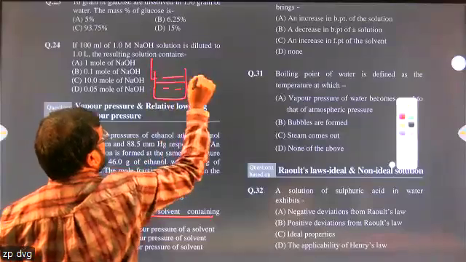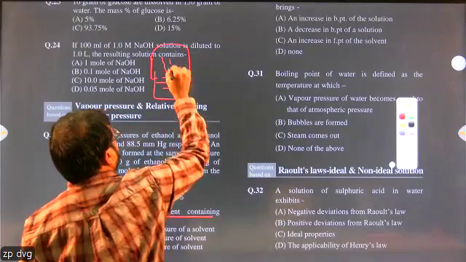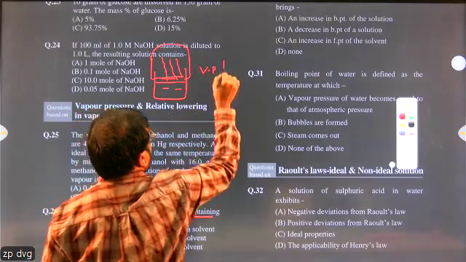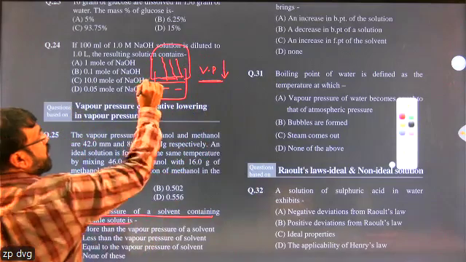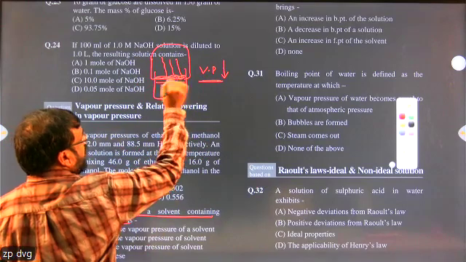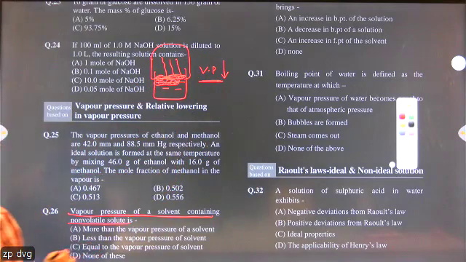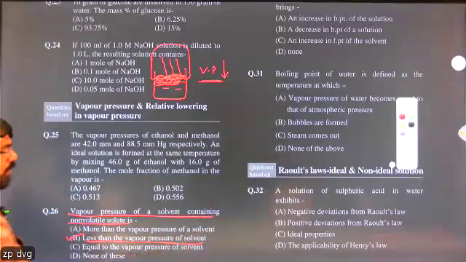To the pure solvent, whenever we add some non-volatile solute, then what happens to the vapor pressure? It decreases, because the surface area of the solvent is occupied by the non-volatile solute. Therefore, vapor pressure is going to decrease. The correct answer is option B, less than the vapor pressure of the solvent. B is the correct answer for that question.